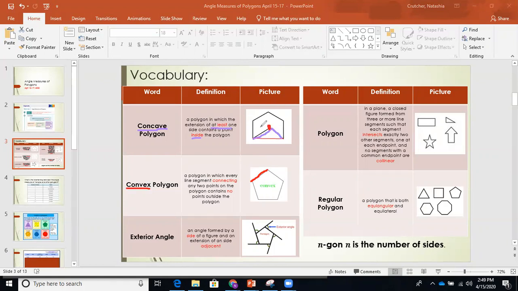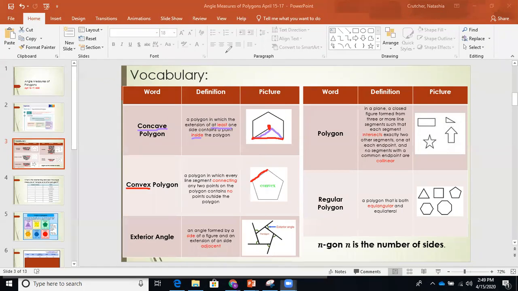Whereas here in the concave polygon, see how if I tried to connect this point and that point, I create that line there. So it skips that point. That's how they're different. Basically the convex does not cave in, the concave does cave in.